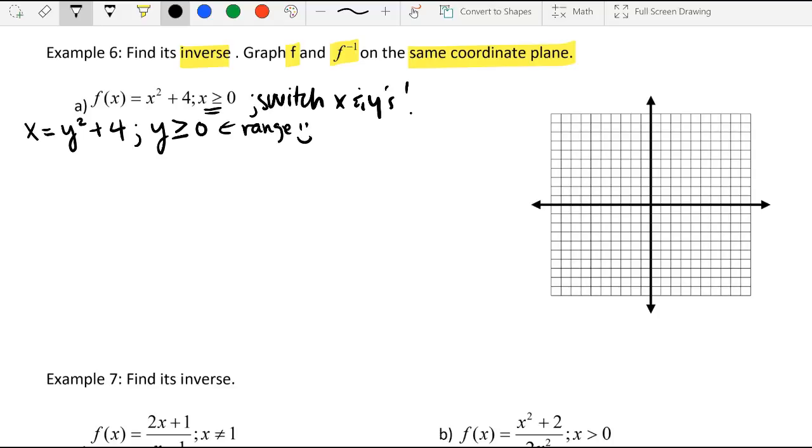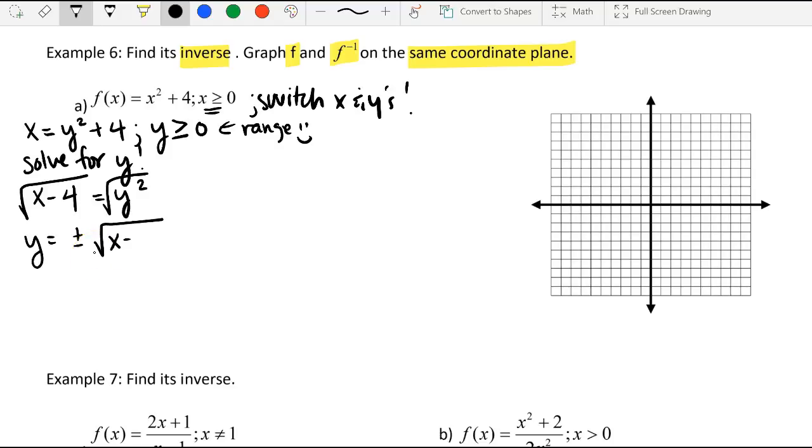Now that you have switched, we are going to solve for y. To solve for y, we subtract 4 from both sides. So x minus 4 equals y squared. We now take the square root of both sides. Y equals, technically, we need to have a plus or minus square root of x minus 4.